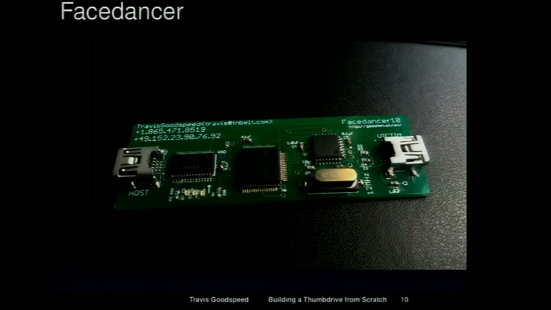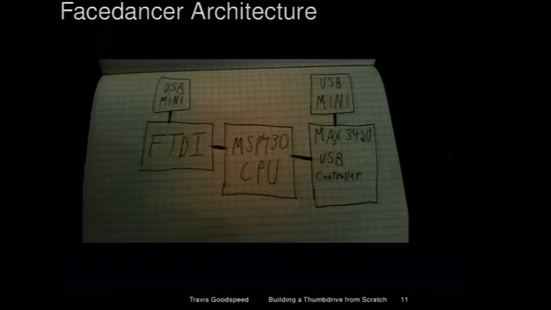This is how the modern Face Dancer works. It's about the size of a thumb drive. It has 2 USB device connectors. The upcoming model adds USB host, which I thought was unnecessary, but it turns out it's very handy. And this is all that the architecture is. You have just an FTDI chip, the same as you would have in an outdated Arduino. This connects to an MSP430, and then the MSP430 connects you to a MAX3420, which is a USB device controller.